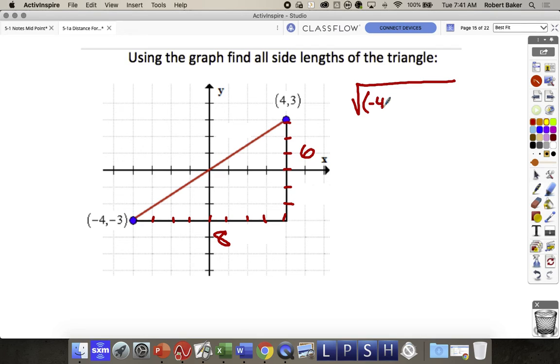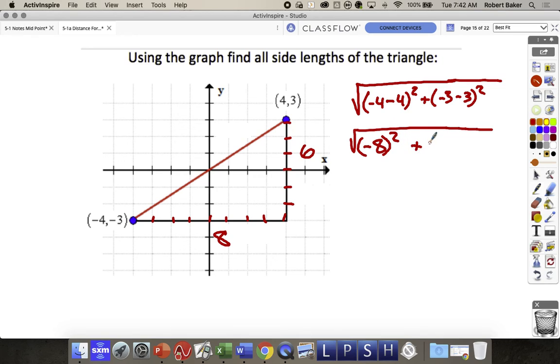So -4 minus 4 squared plus -3 minus 3 squared. -4 minus 4 is -8 squared, plus -3 minus 3 is -6 squared.